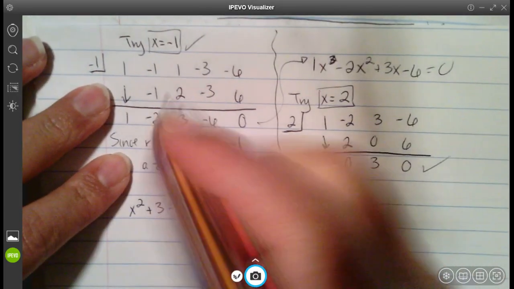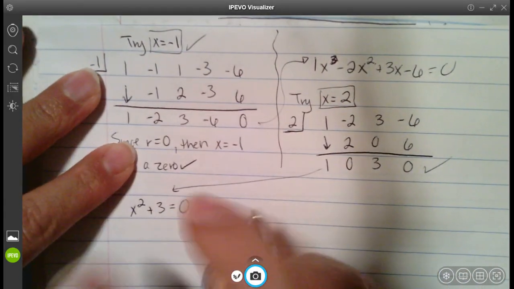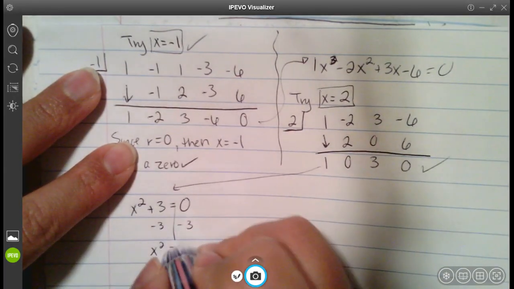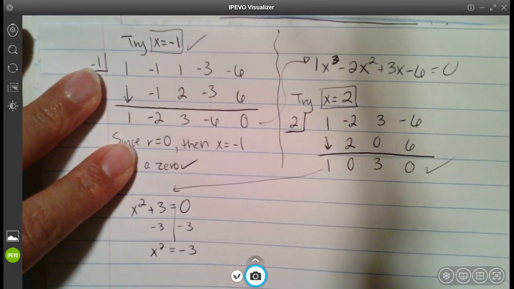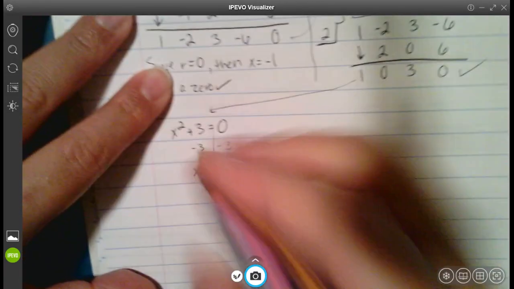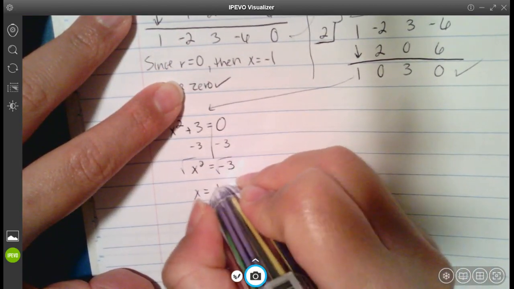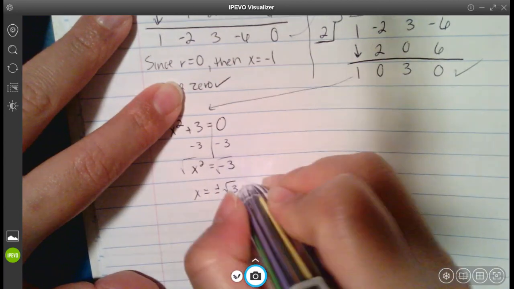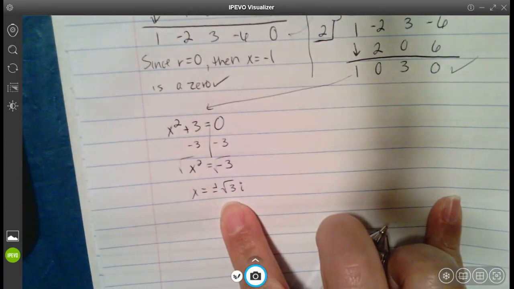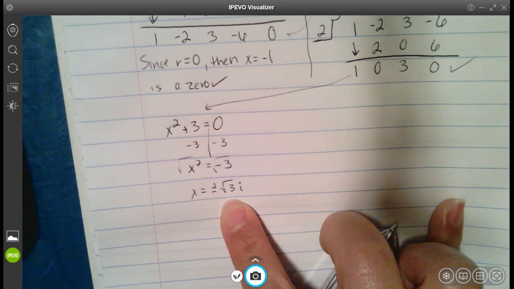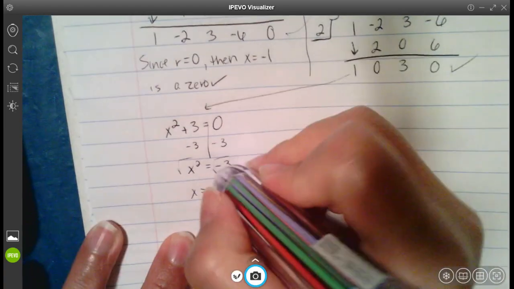If we subtract 3 from both sides, we get x squared is equal to -3. If I take the square root of that, we end up with something kind of weird, plus or minus the square root of 3 i, which is not going to work for us because the square root of 3 is not an integer that we can put. It's not going to be a p or a q, so to speak. We can't put it into a fraction form or simplified form, so this is not going to work for us.